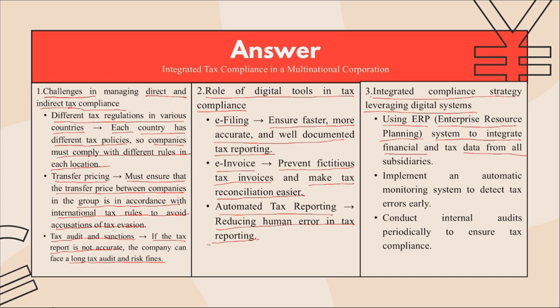The second point is to implement an automatic monitoring system to detect tax errors early. And the last point is to conduct internal audits periodically to ensure tax compliance. The digital system provides transparency, speed, and accuracy in corporate tax management.